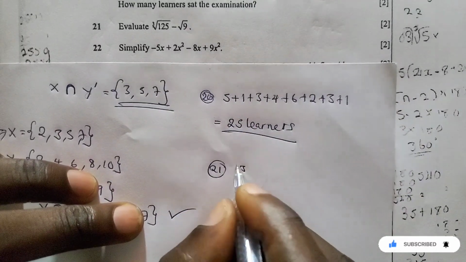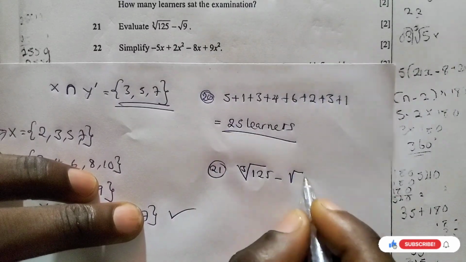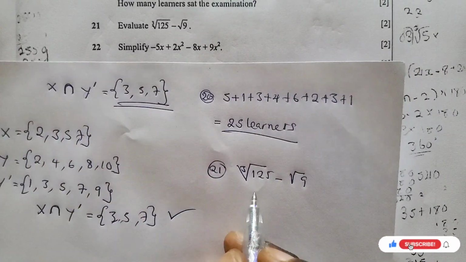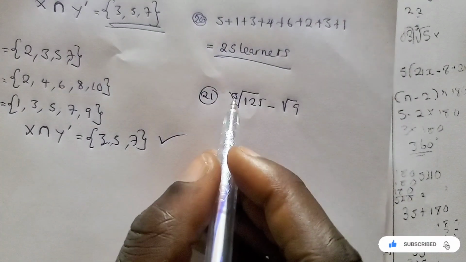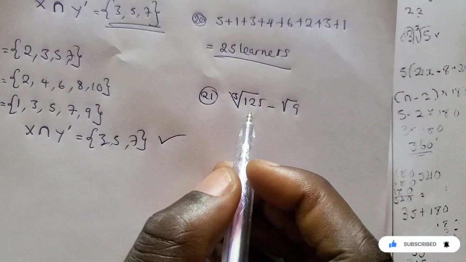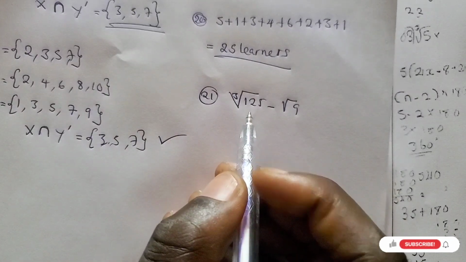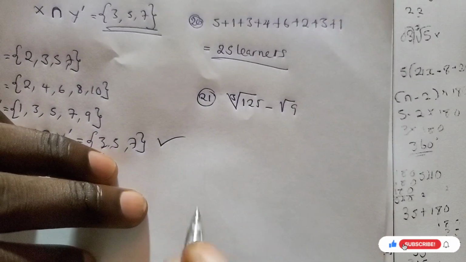So cube root of 125 minus square root of 9. So cube root of 125 means look for a number that, when you multiply itself 3 times, should give you 125. These numbers usually are less than 10. Please don't get confused.